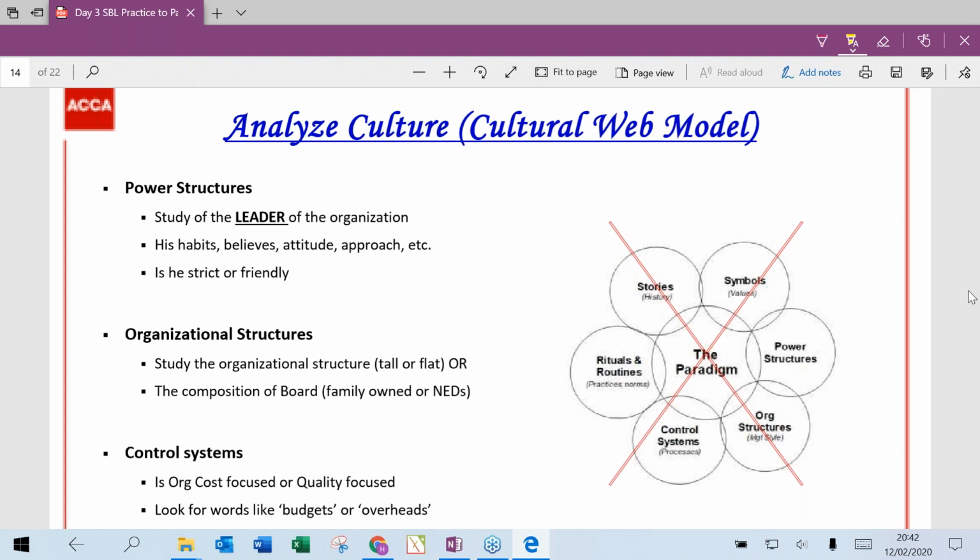Similarly, each organization has its own working environment, its own working style. And the style, the environment, or the organization's culture will be decided by who? Can you guess now? So who decides the culture of an organization?